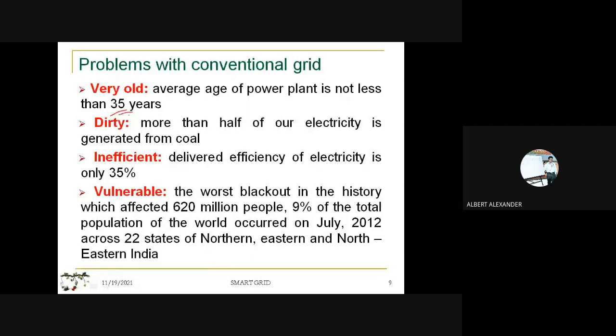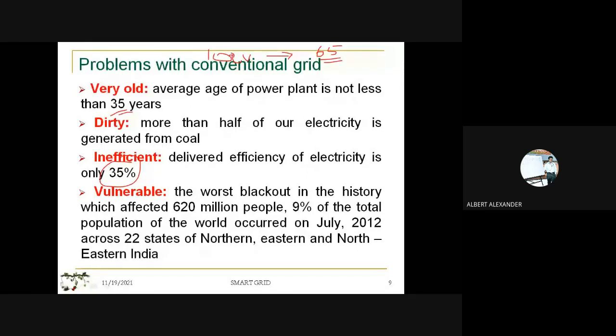For example, if you generate power of 100 volt, we can get only about 65 volt at the output. That means 35% is lost as losses. Most of the power is lost, and you can see the transmission and distribution losses keep on increasing.